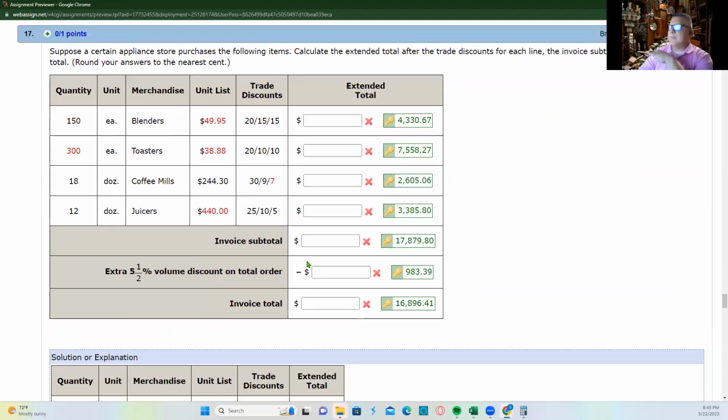Okay, so now they just got to give you a complicated one here with lots of different items. The blenders have a different discount rate. The toasters have a different discount rate. The coffee mills, different discount rate. Juicers, different discount rates. You have to go in and figure out your net price factor on each one of these.